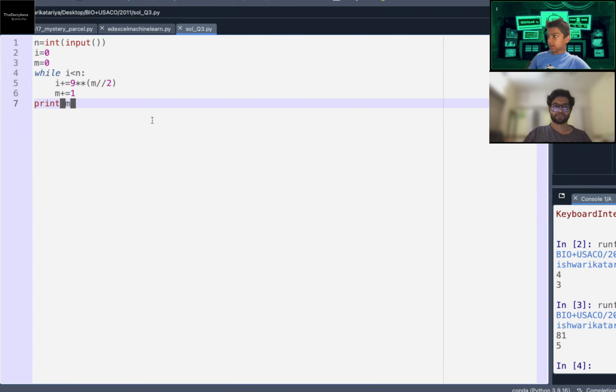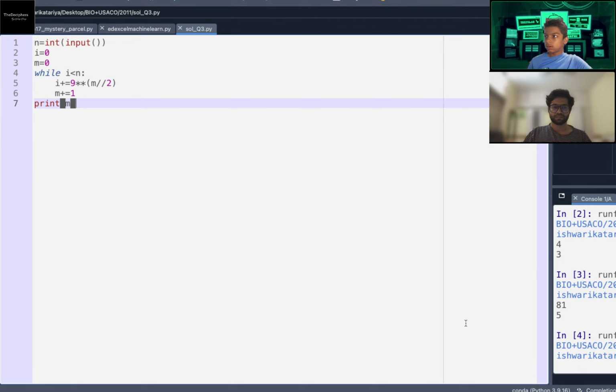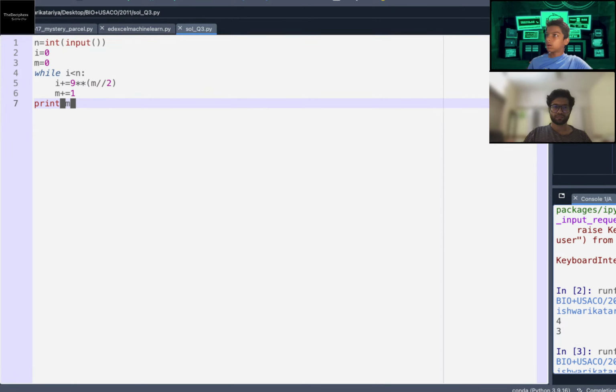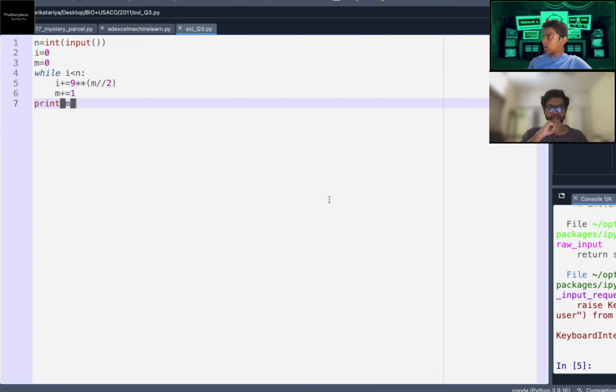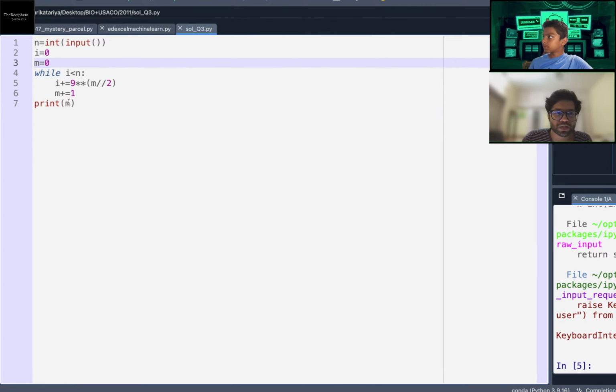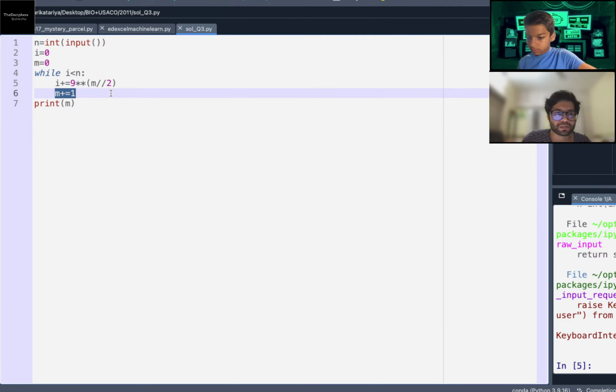For the second term in the sequence is 10, I mean. So it's on to... right. I think you should be doing M plus 1 first and then I plus M divided by 2.